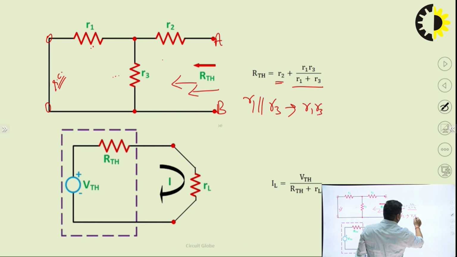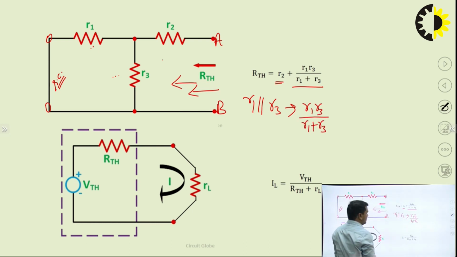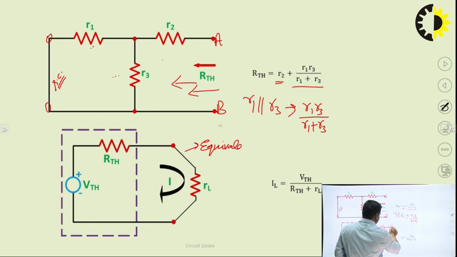R1 R3 divided by R1 plus R3. So this is your total equivalent resistance. This one is called the equivalent Thevenin circuit.